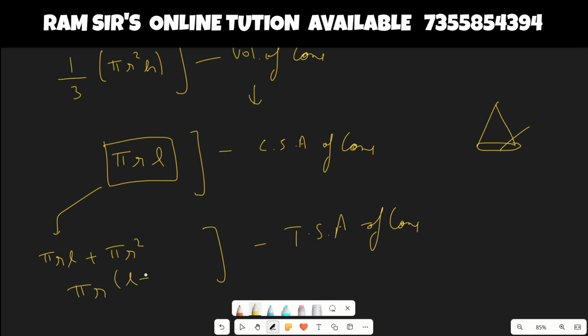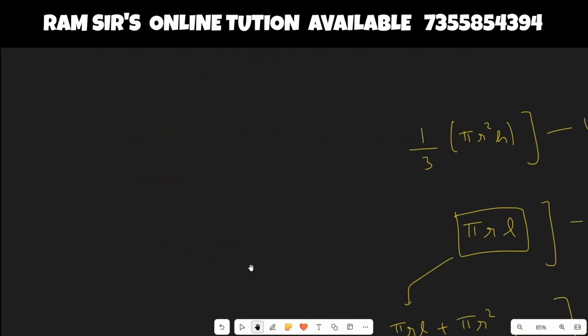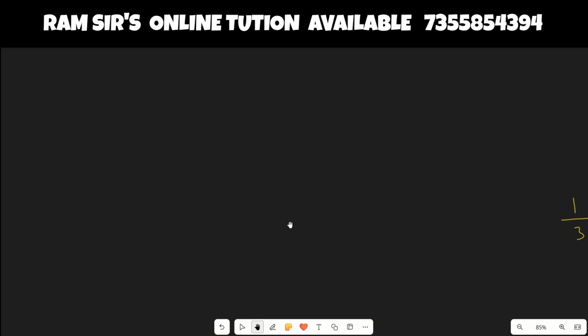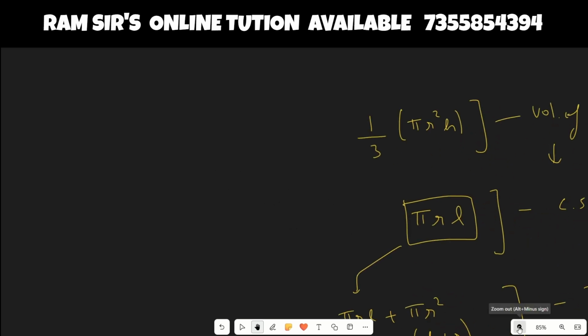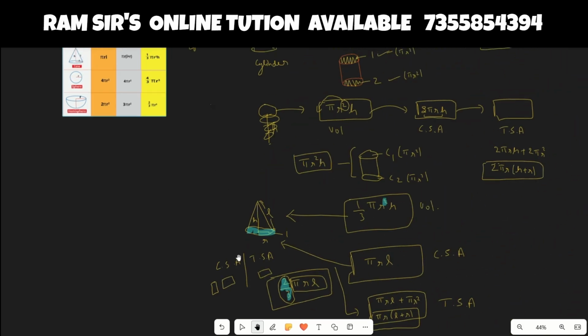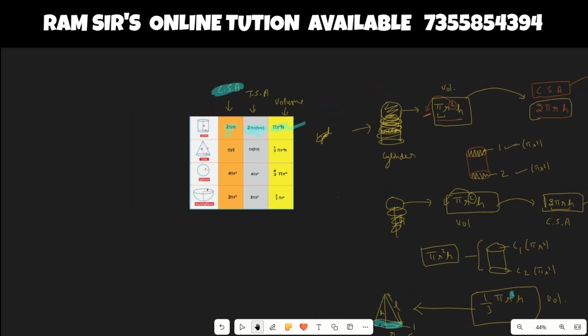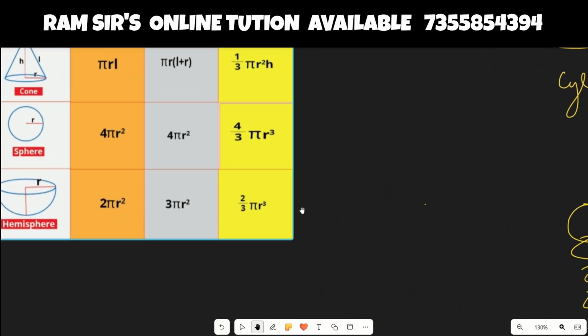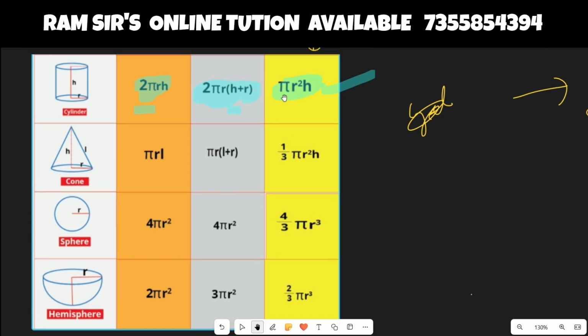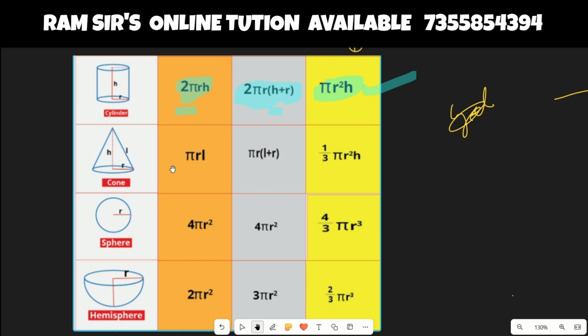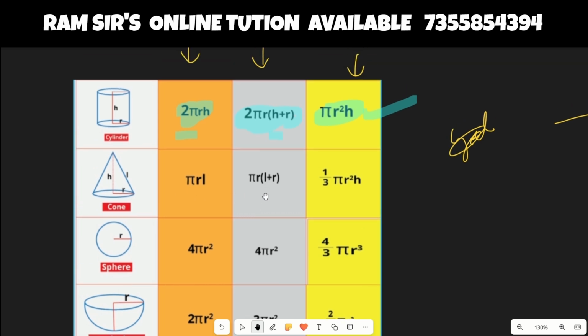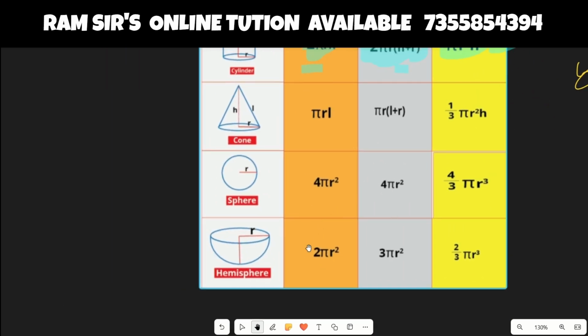So if I take common pi r, what is left behind is l plus r. This is the formula of total surface area of the cone. If I just recheck where my formula list is, so here 1 by 3 of pi r square h, okay, it is true, and pi r l, this is true, and this one is also true.